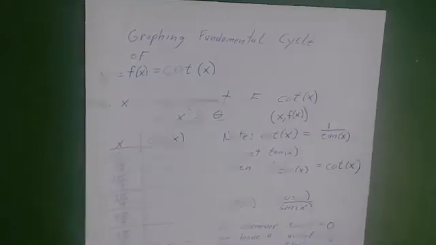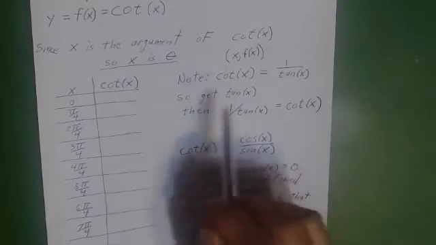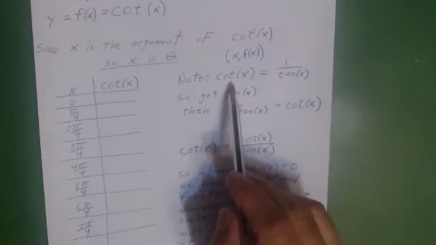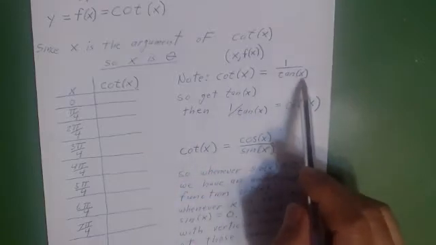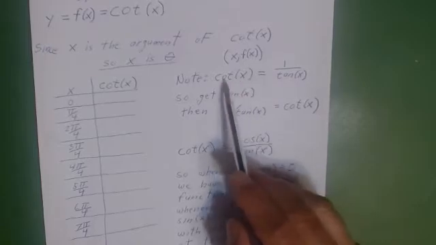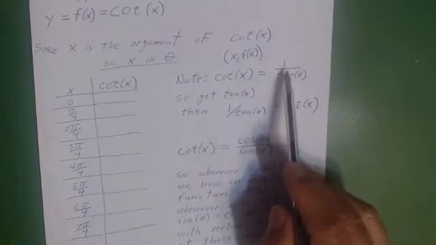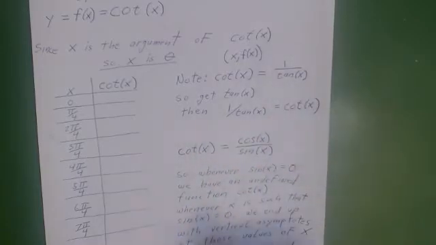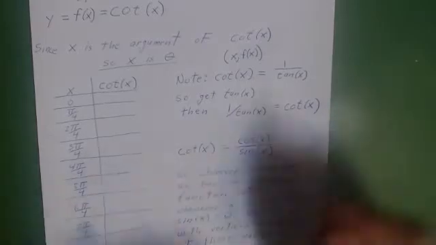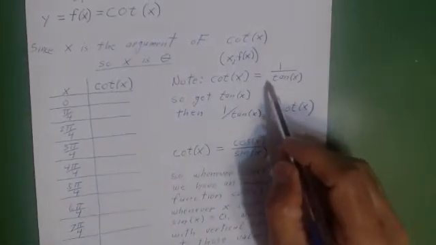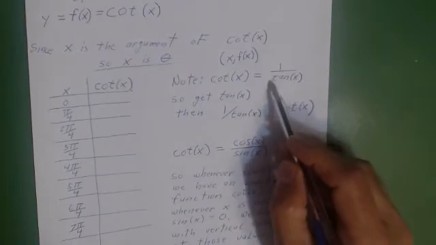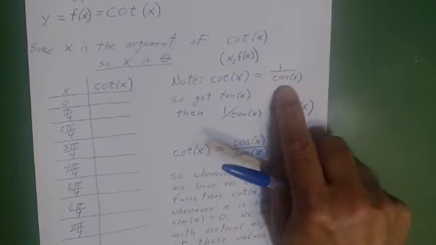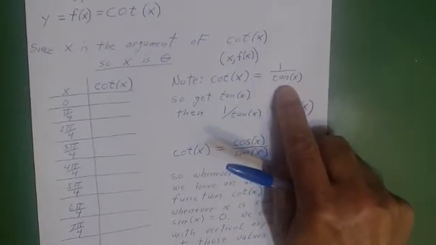Well, here's the issue. First of all, let's just think about cotangent itself. What is it? We know that it's the reciprocal of the tangent of x. The cotangent of an angle is equal to 1 over the tangent of the angle. But what makes it complicated is that tangent itself is made up of two other trig functions. Tangent of x is equal to sine of x over cosine of x.